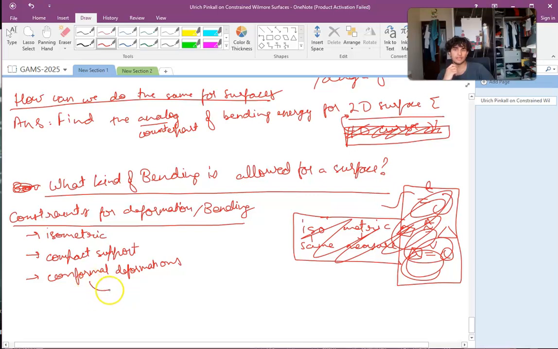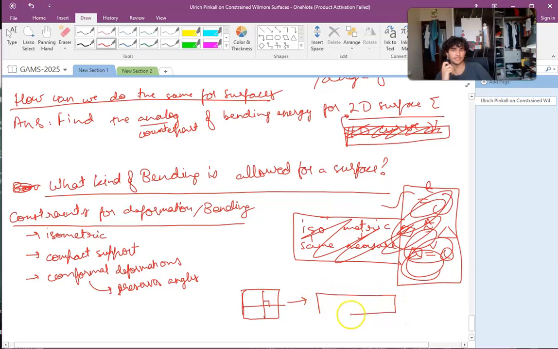So what conformal means is that it preserves angles. An example is, let me take a square. Yes, all angles are right angles here. So a conformal deformation of this is basically like if I'm stretching it like this. So this is conformal.